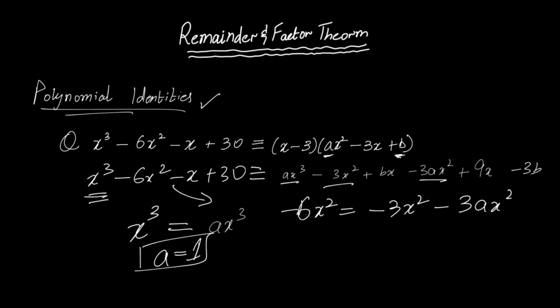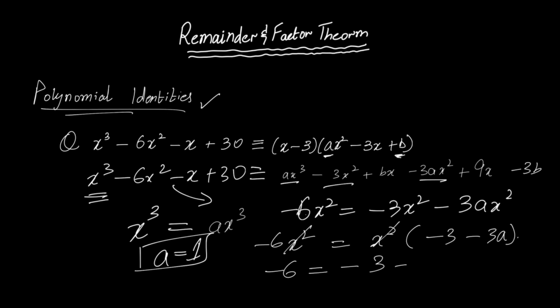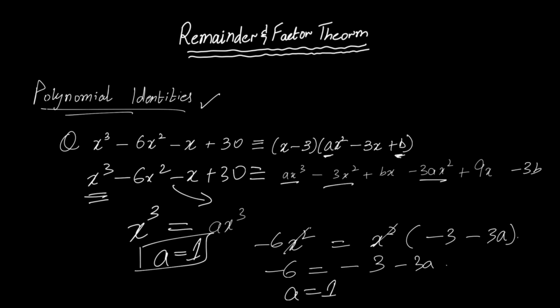These are the two, so we can take x square common and cut these. But because we already have a, this doesn't really serve us a purpose. So again we're getting a as 1, but we don't need this, so I'm going to rub this out.